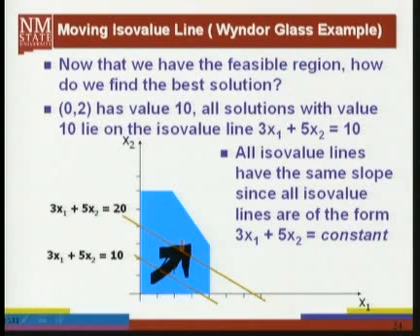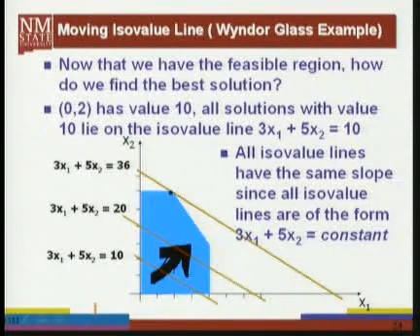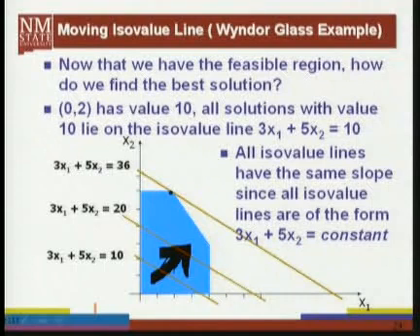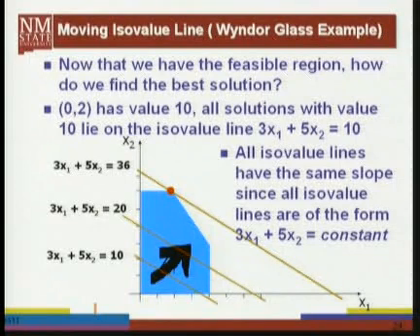Likewise, the objective function z will increase if we move in this direction further, so we construct an additional isovalue line, and we know the optimal value of 36 for this problem would be found with the isovalue line intersecting the feasible region, right?